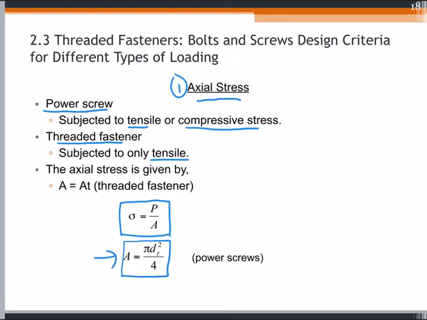But if we want to find the axial stress in a threaded fastener, the area A can be taken directly as AT, threaded fastener, from the table.